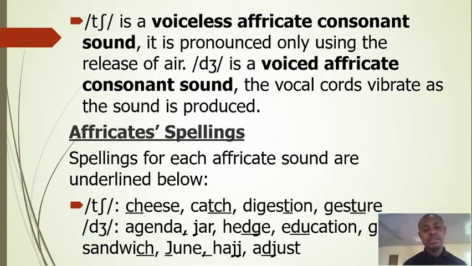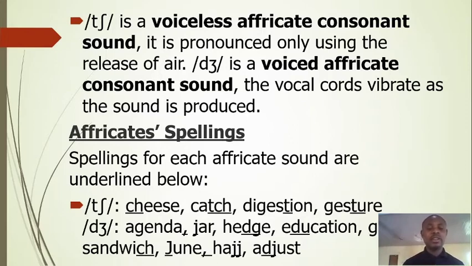Now we look at the final sound there, which is j. It is found with letter G, letter J, DG, D, and even CH. Yes, let's look at them. We have letter G in agenda, huge, gene. Now, let's compare with the other sound, the fricative, which looks like 3.